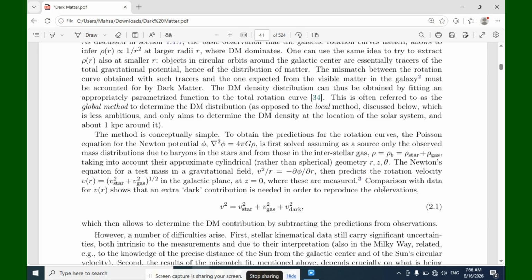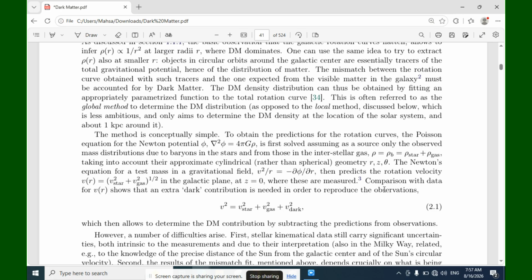The method is conceptually simple. To obtain the predictions of the rotation curves, the Poisson equation for the Newtonian potential field, ∇²Φ = 4πGρ, is first solved assuming as source only the observed mass distributions due to baryons in the stars and in the interstellar gas, ρ = ρ_B = ρ_star + ρ_gas, taking into account their approximate cylindrical rather than spherical geometry.